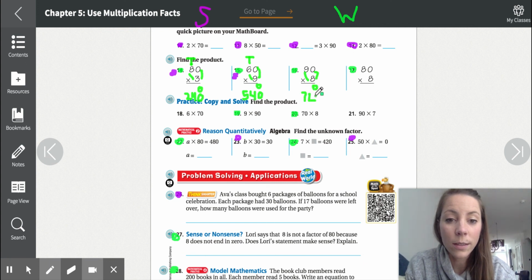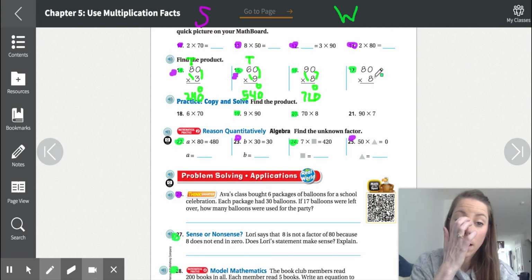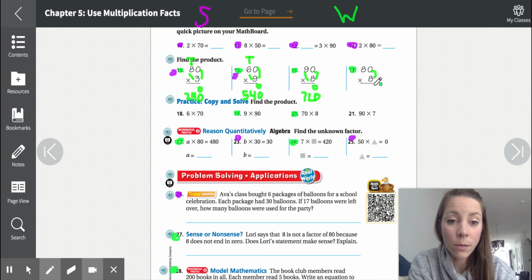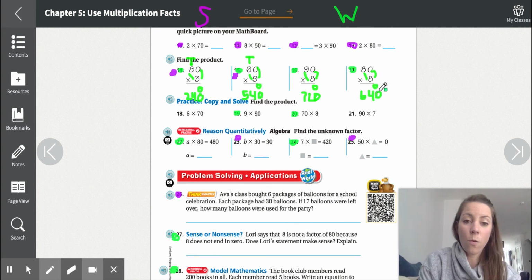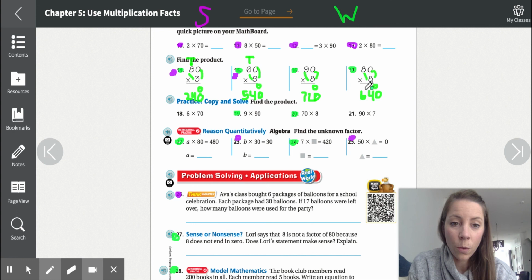So that's 720. And the last one, 8 times 0 is 0. And 8 times 8 tens is 64 tens, which is really 640.